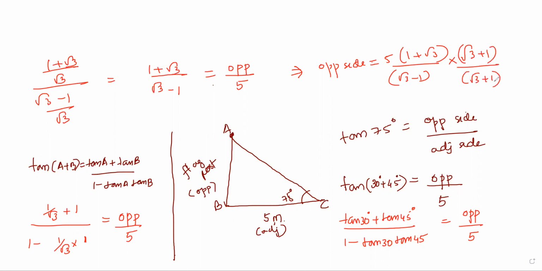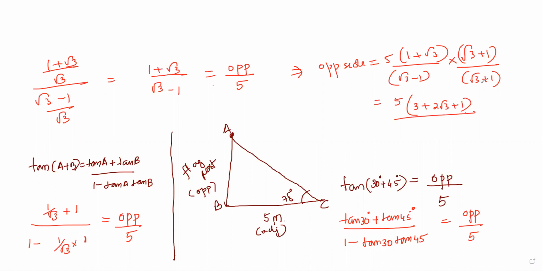Denominator also root 3 plus 1. I am multiplying. So it is 5 into root 3 plus 1 the whole square, that is 3 plus 2 root 3 plus 1, divided by, this is a plus b into a minus b, so root 3 square minus 1 square. So that is 5 into 4 plus 2 root 3 divided by, in the denominator it is 3 minus 1, that is 2.